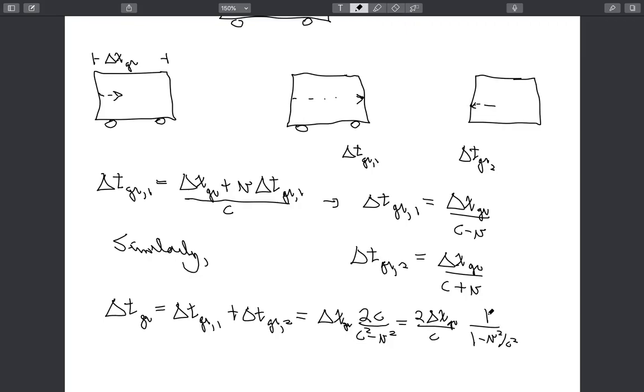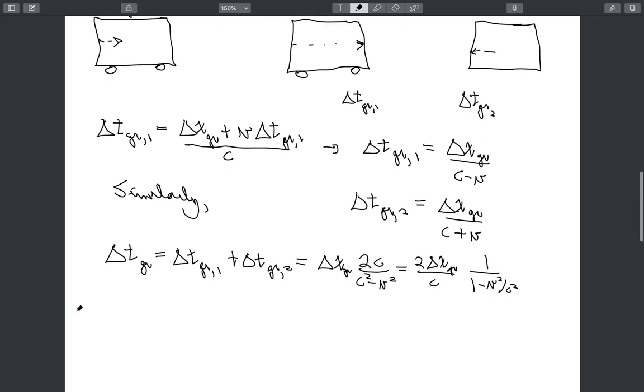Okay, now we had already that the delta t on the ground was equal to gamma times delta t on the train, and this delta t on the train was just equal to 2 times delta x on the train divided by c.